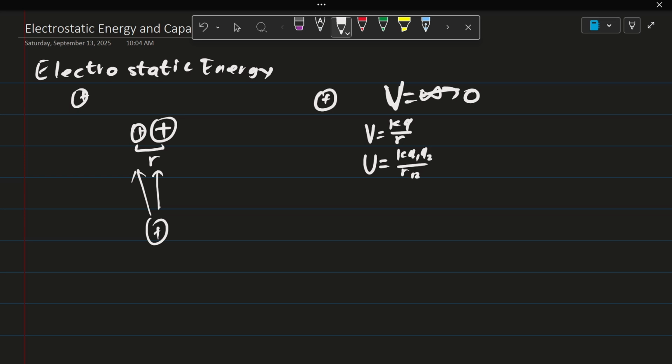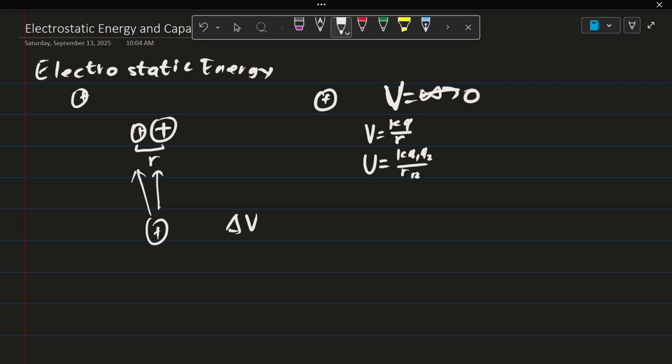So if I introduce another particle here, the only thing that we'll know is the change in the voltage itself. We couldn't really determine its voltage because we already have an initial voltage. So we will need to think a little bit further than that.